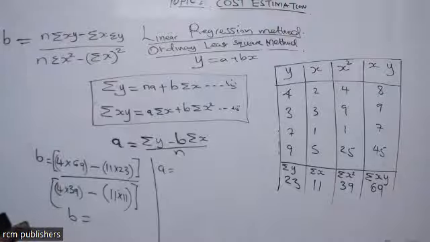The value of B is 0.66. Okay, so I'm told here it is 0.66.